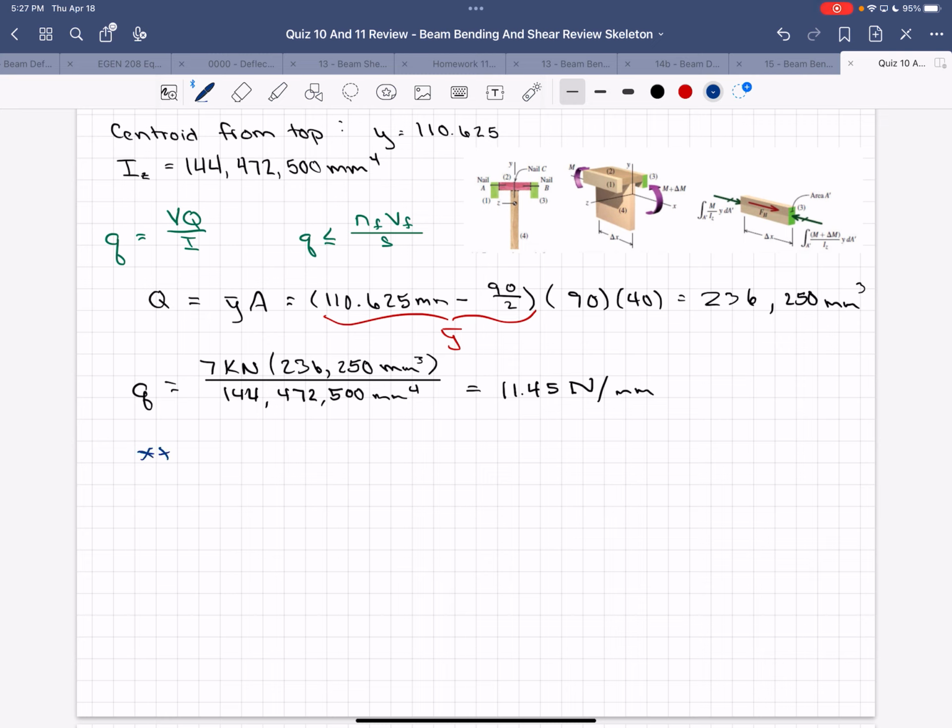This is the shear flow that must be transmitted by one surface of the bolt cross section.